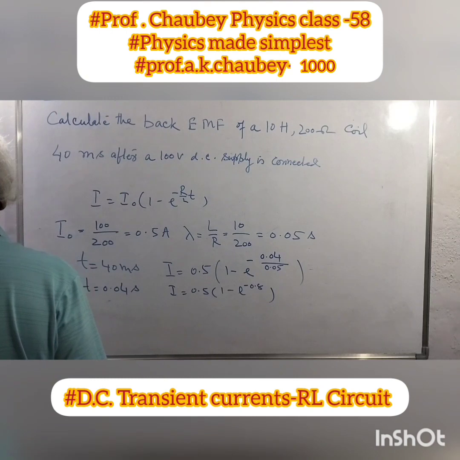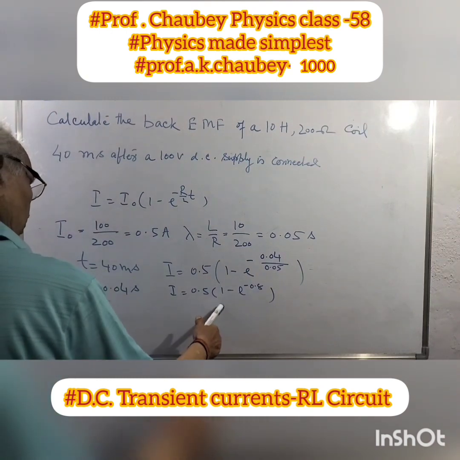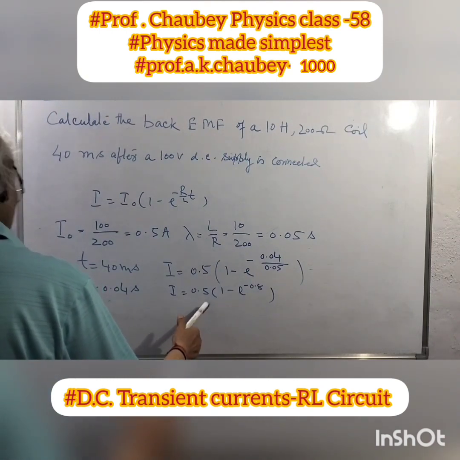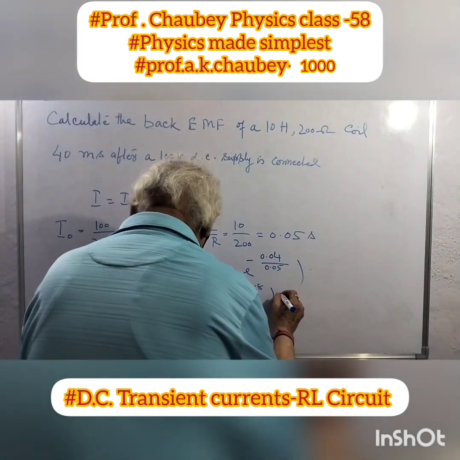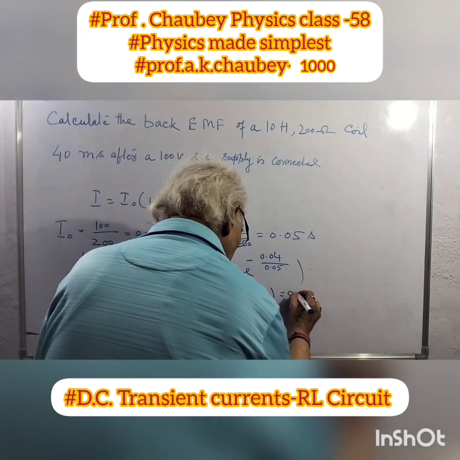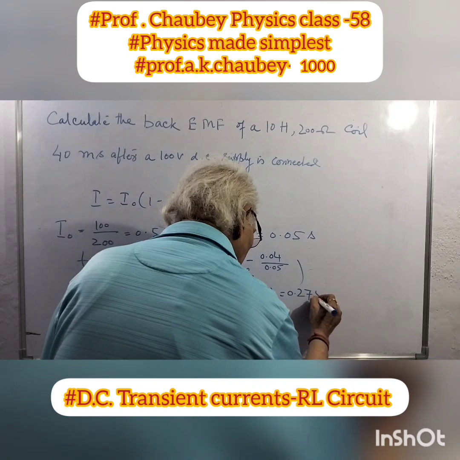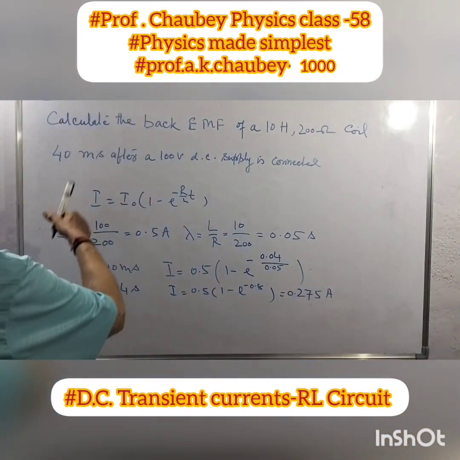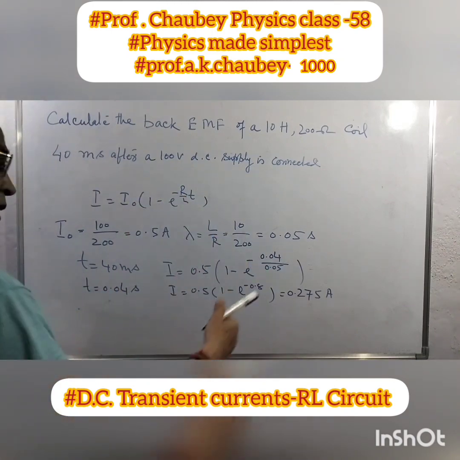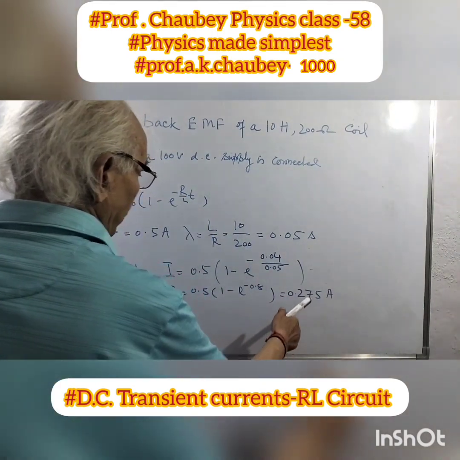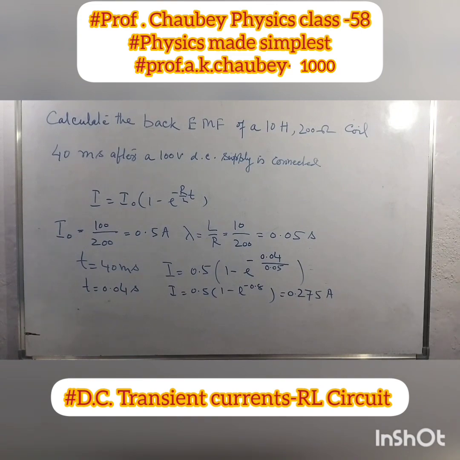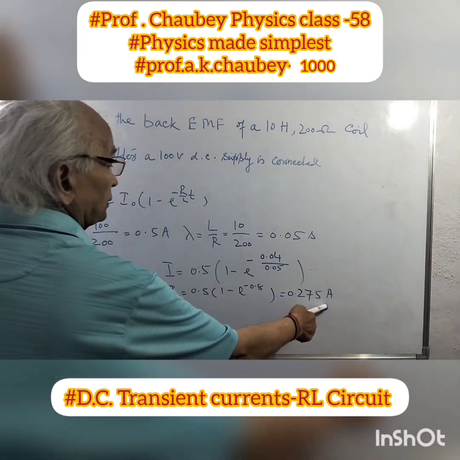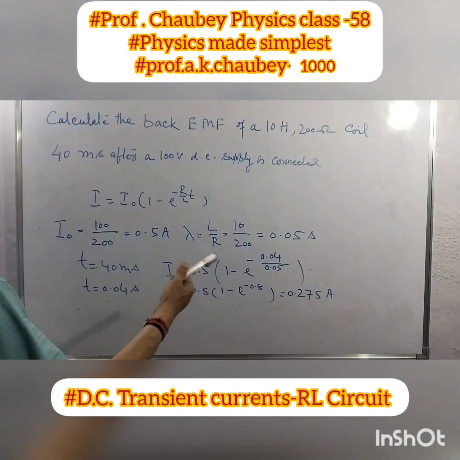So e to the power minus 0.8, and you can see this from the table, and you multiply this, so the answer becomes 0.275 ampere. So the current after 40 milliseconds becomes 0.275 ampere, but I naught is 0.5 ampere.